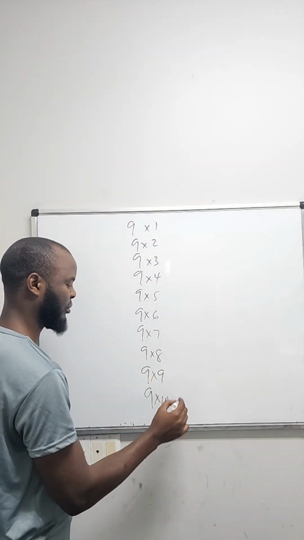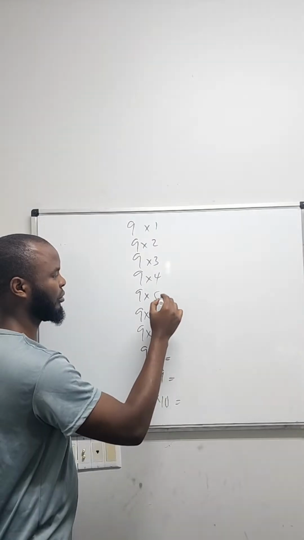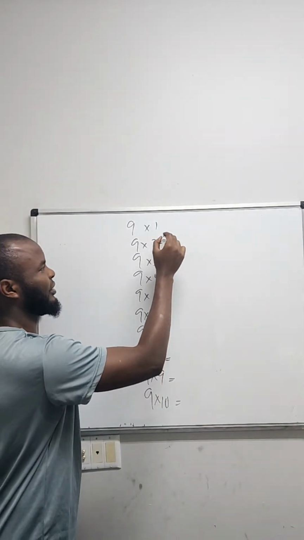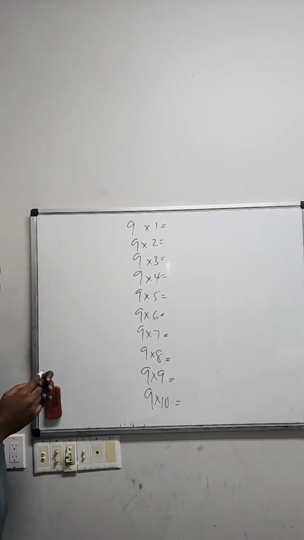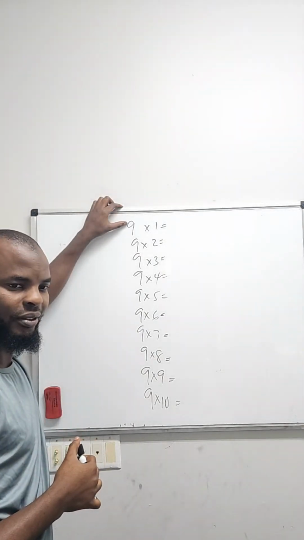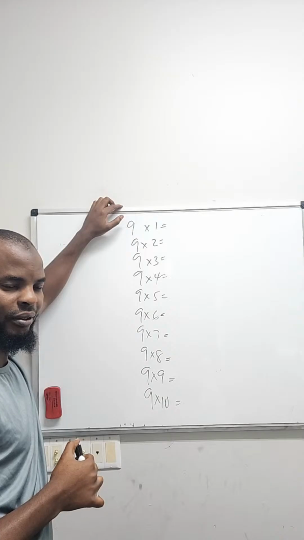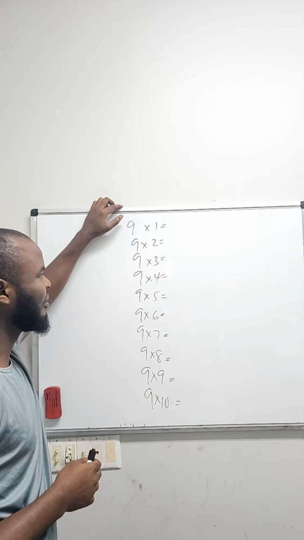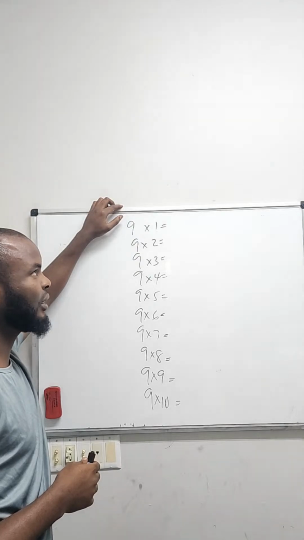So for me, I just multiply it by 10 and then subtract the original number. Oh, you multiply by 10? Yeah, like for 9 multiplied by 2, you multiply 2 by 10 to get 20, and then subtract 2 to get 18, which is the answer. Makes sense. It works for all of them.